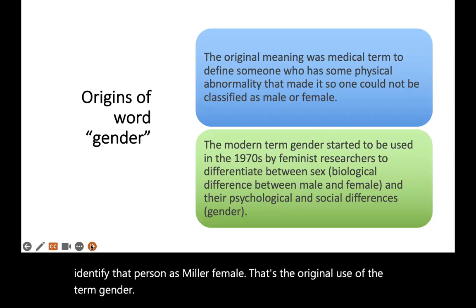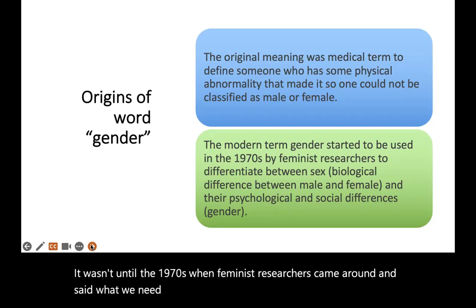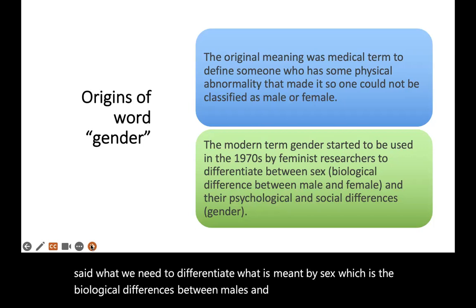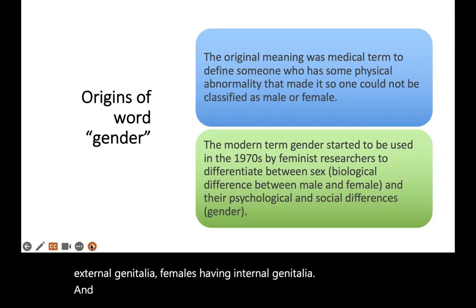It wasn't until the 1970s when feminist researchers came around and said, you know what? We need to differentiate what is meant by sex, which is the biological differences between males and females. Males having external genitalia, females having internal genitalia, and then there are secondary biological sex characteristics, okay?